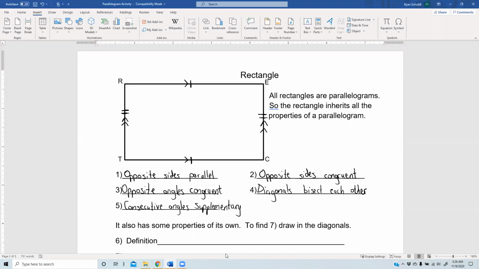A rectangle has to have 4 right angles. All of our angles are exactly 90 degrees. So 4, that's that many right angles.